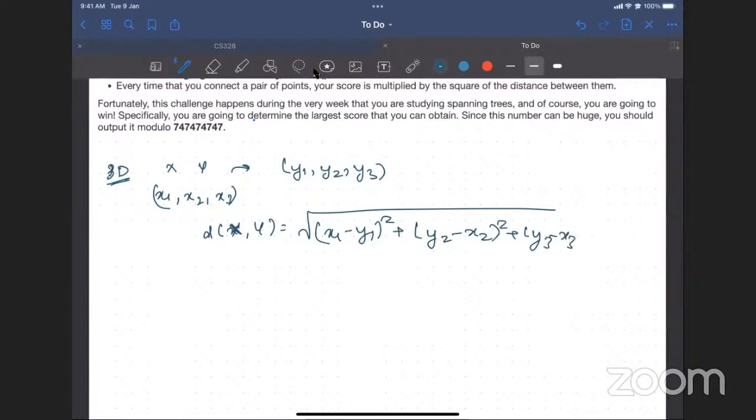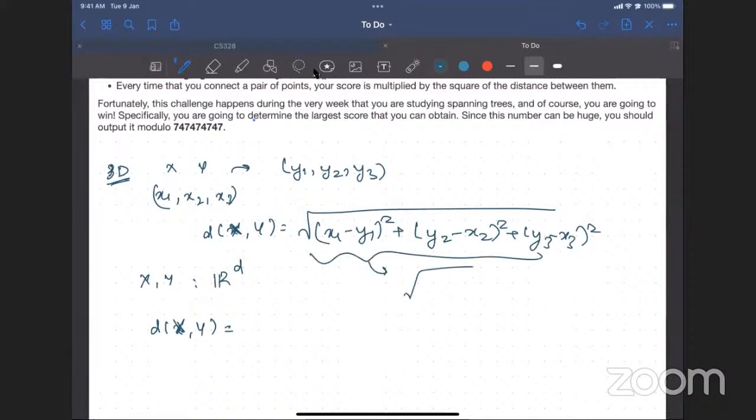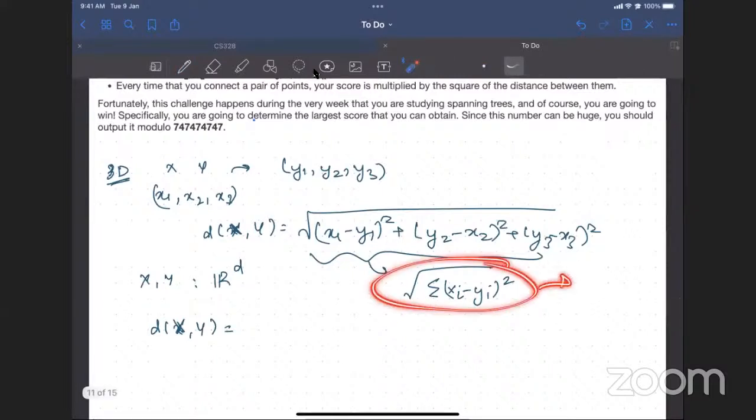So for two points in d-dimensional space, you can write the distance in mathematical notation as the square root of the sum of squares of the pairwise coordinate differences. In 3D, i goes from 1 to 3.